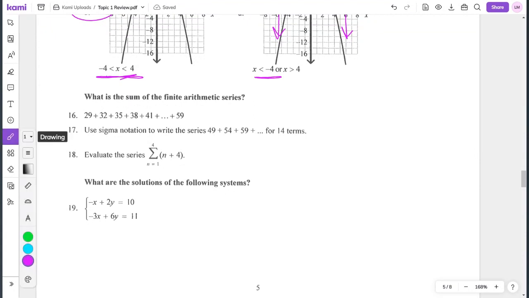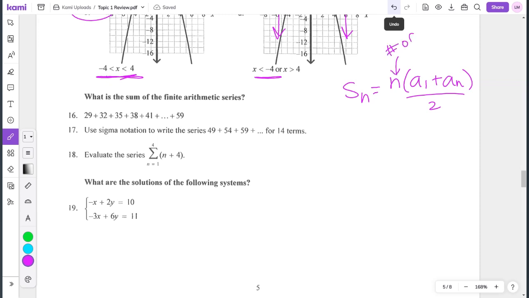All right, the sum of the arithmetic series. So we're going to use S sub n equals n times a sub 1 plus a sub n over 2. So to find this, I need the number of terms. I need the first term.